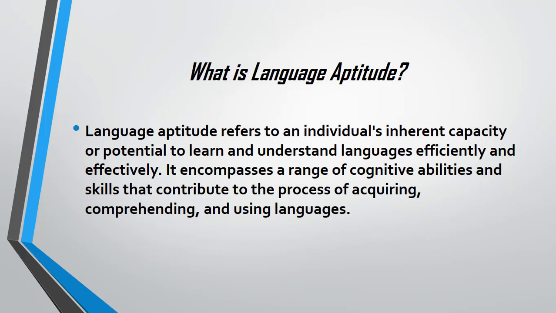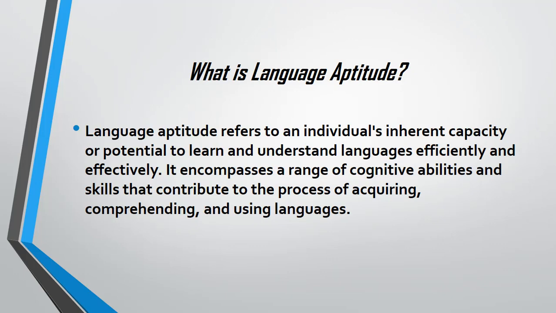Also, it encompasses a range of cognitive abilities and skills that contribute to the process of acquiring, comprehending, and using languages. When it comes to cognitive abilities, here we talk about processing information and cognitive styles. There are different types of cognitive styles.